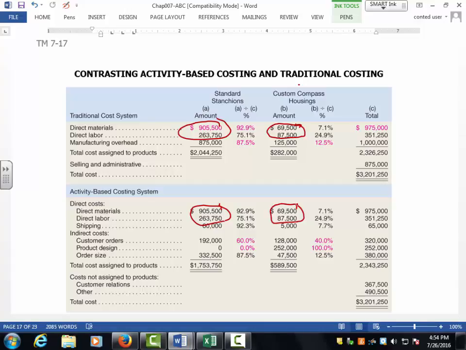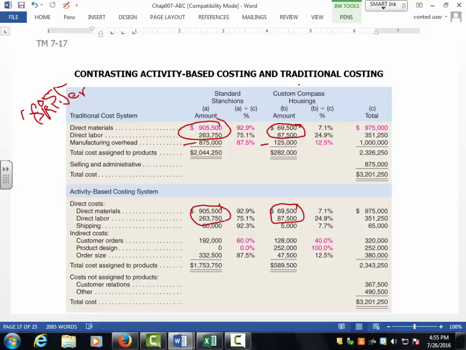So under one method, the manufacturing overhead is going to be $875 for the standard and $125. So what we would be doing is using one cost driver, such as labor hours or labor dollars, and just applying overhead and saying that if you use this much labor, then you have to absorb this much cost.